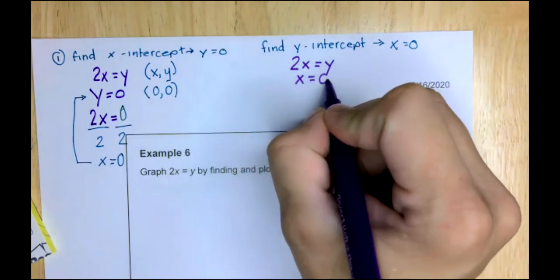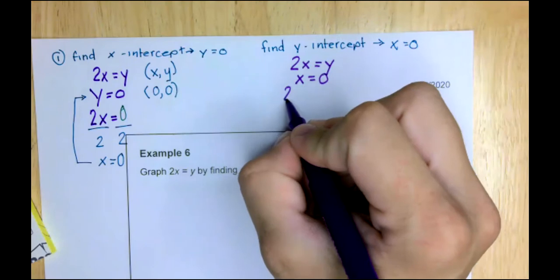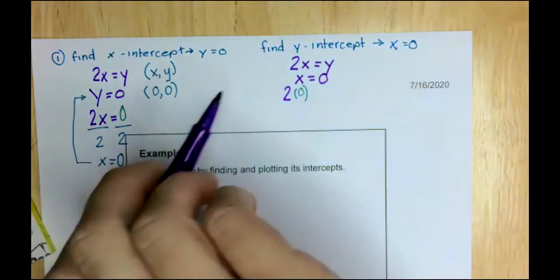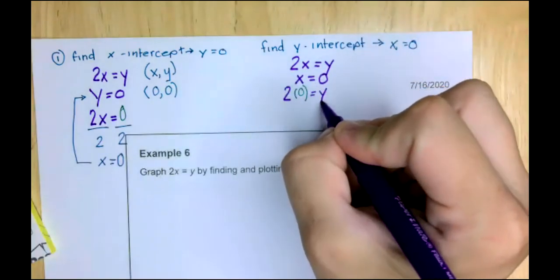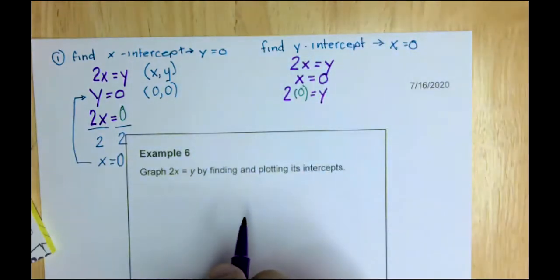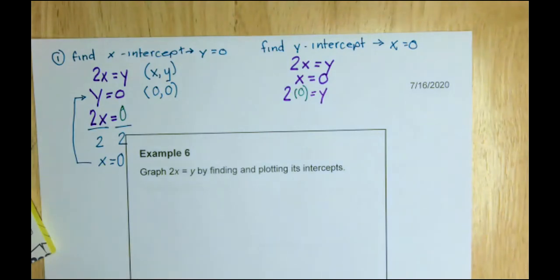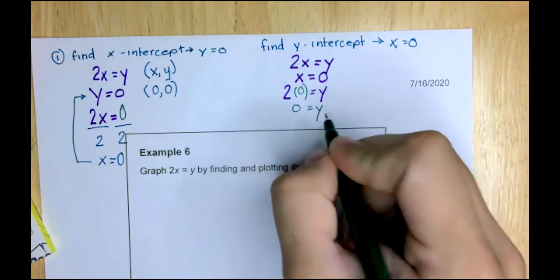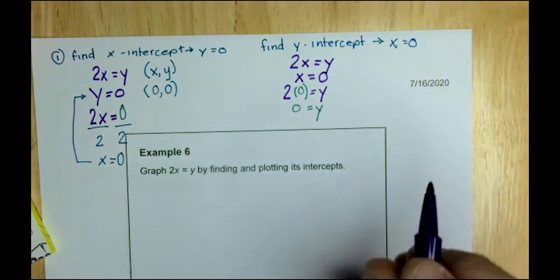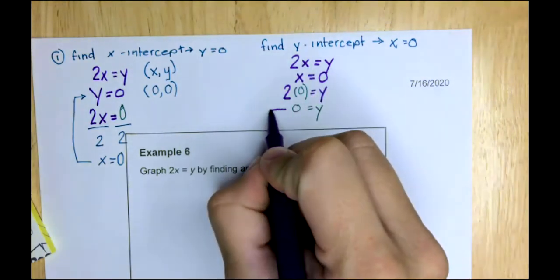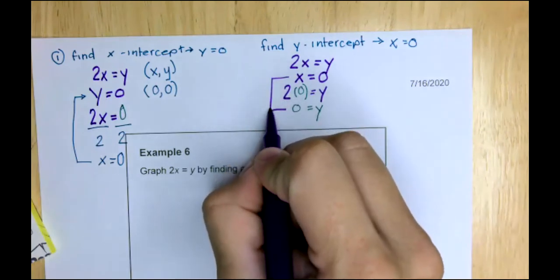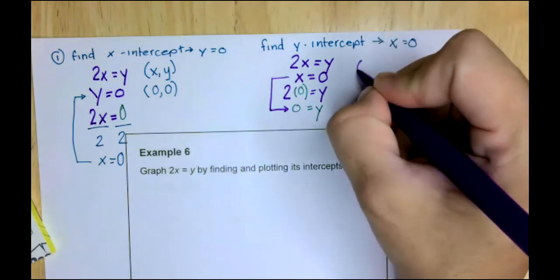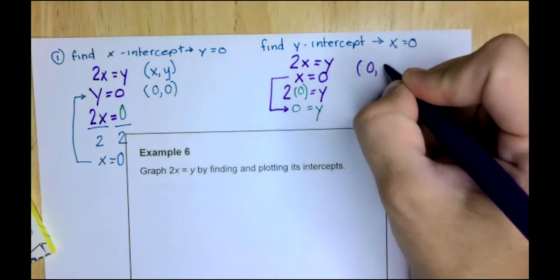X is 0, so 2 times 0 is y, right? 2 times 0 is just 0, so 0 is y. So we know that when x is 0, y is 0, which is what we just said in the last one too. So our x-intercept and our y-intercept are 0, 0.